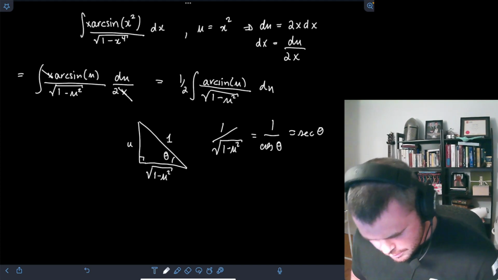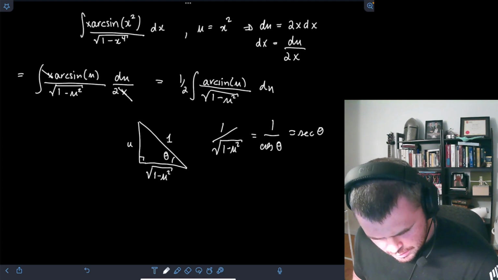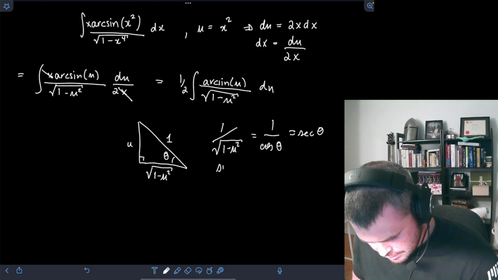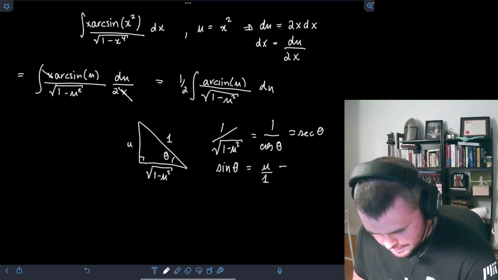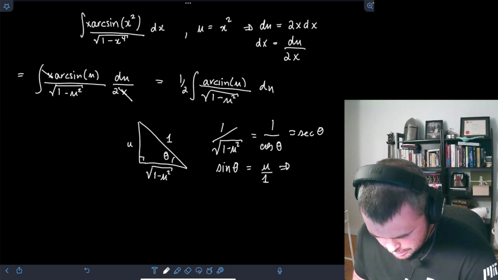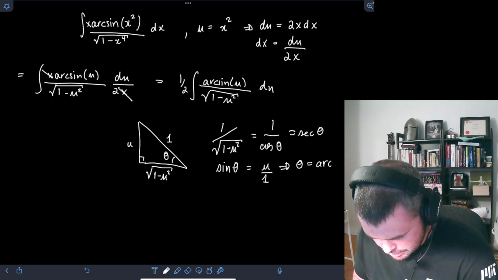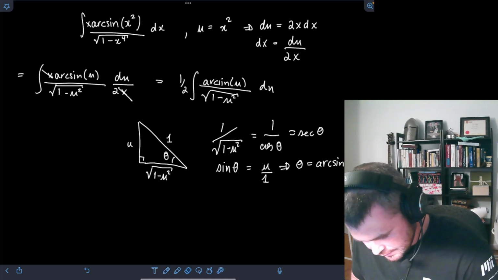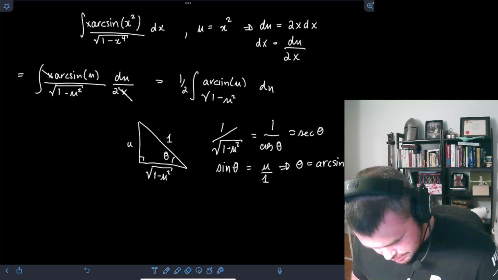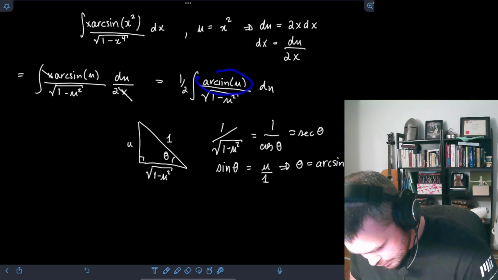Also, we can see that sine of theta is equal to u over 1, and that therefore theta equals arc sine of u. That's interesting because we have arc sine of u right here.